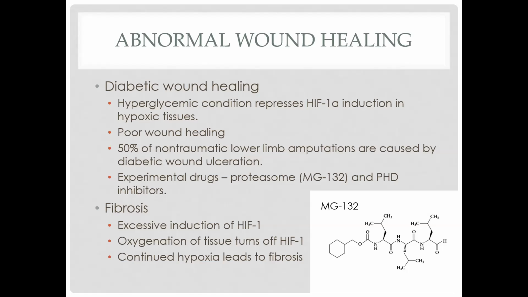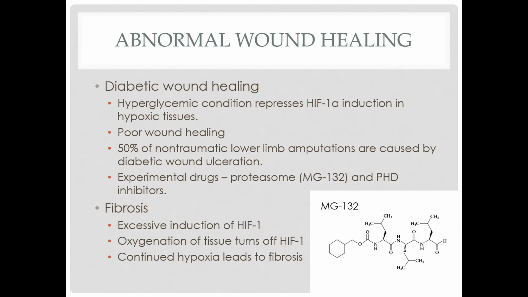So experimental drugs that inhibit the proteasome or inhibit the prolyl hydroxylases. And this experimental drug here, MG132, is a very good drug, at least in the laboratory. It works in animals.